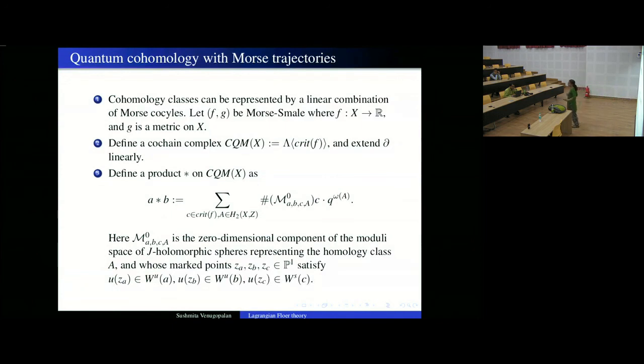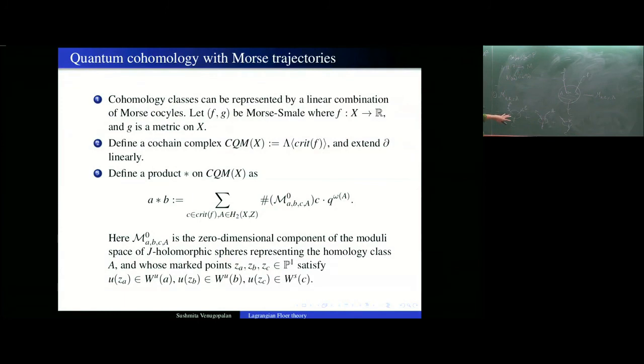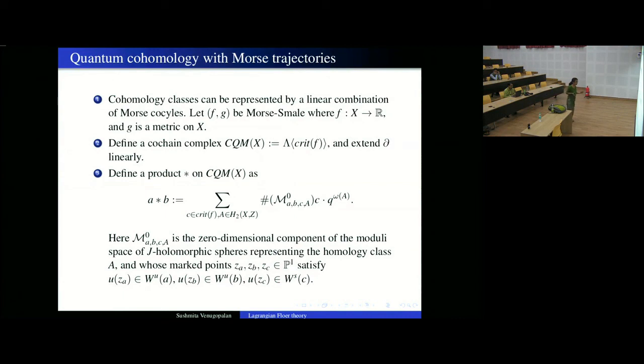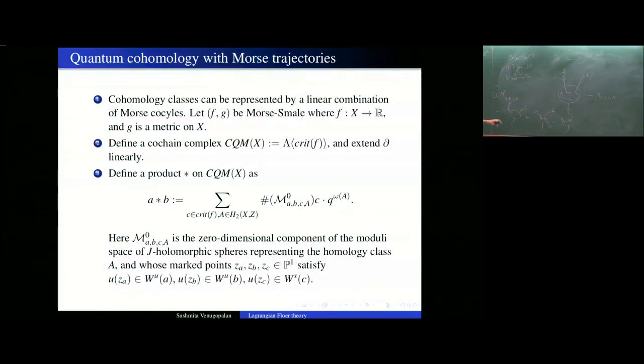So the only thing that can happen in the boundary is breaking of Morse trajectories. So basically, if you look at all these configurations, they're all going to occur as the boundary of one of these configurations. Since all the contributions from the boundary sum to 0, we try and write down what exactly these boundary contributions are.